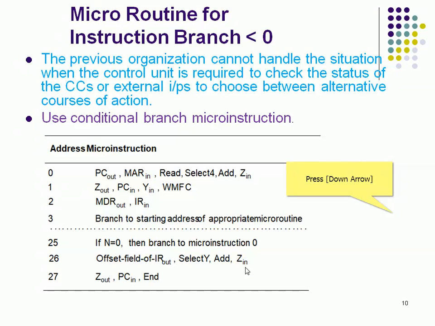Then Z out, PC in, right? Now instead of putting in the old value of the PC, the latest computed value is put into PC in. It means control will transfer to where that address points, so that instruction is going to be fetched here. That is the end.